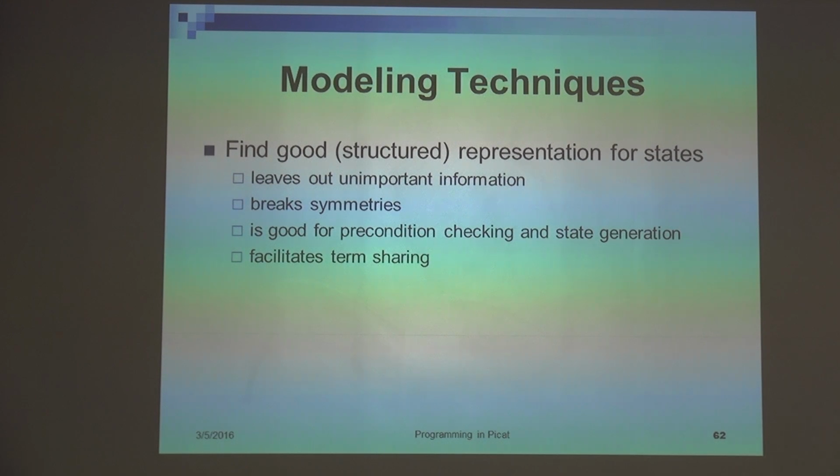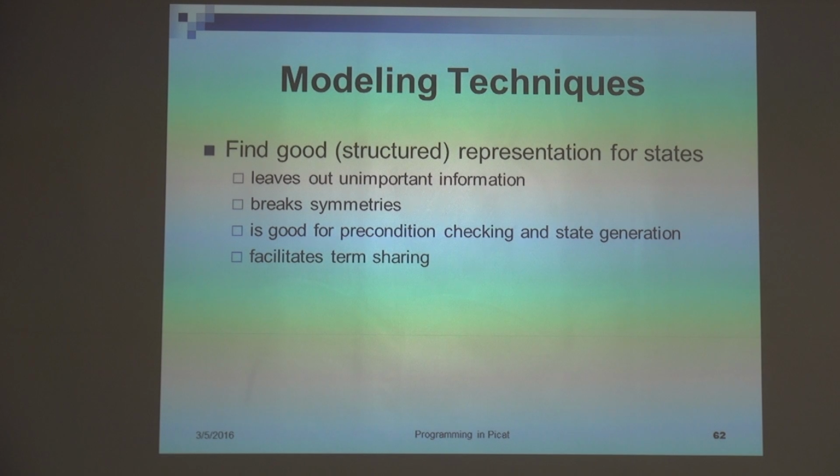You need to find a good representation of states. What you need to do is leave out unimportant information. For example, for Ricochet Robots, we just forget about the colors of the robots because they are not important for the planning.